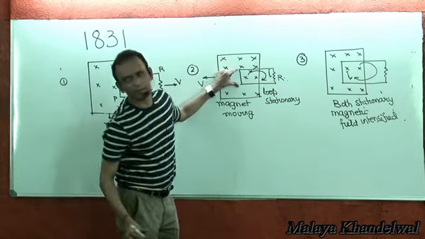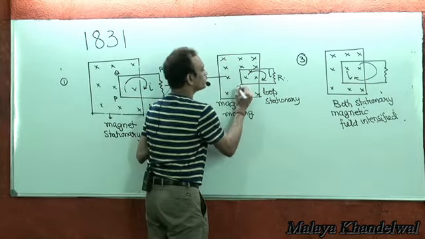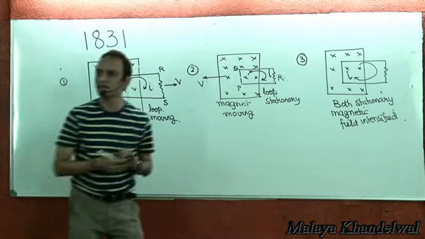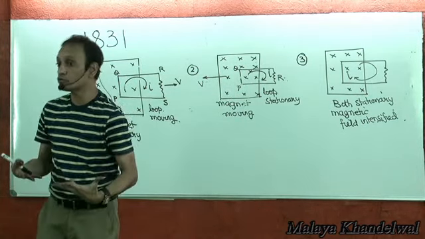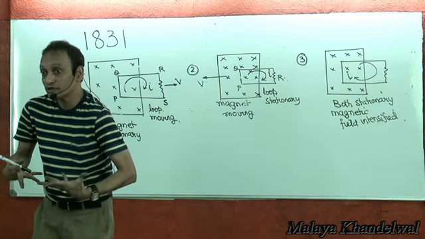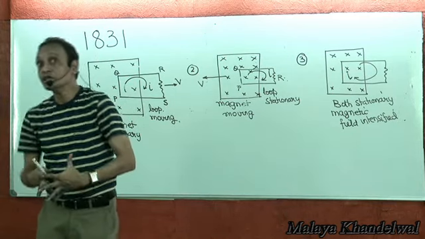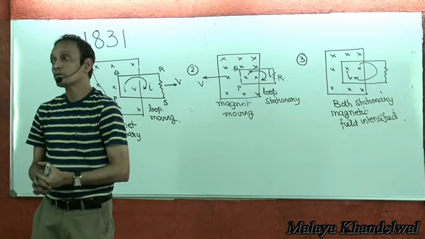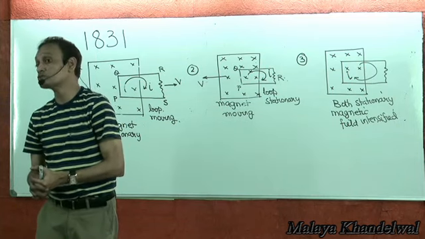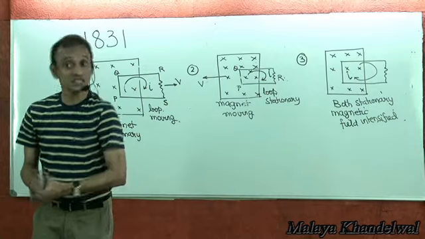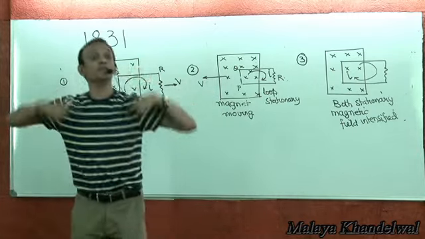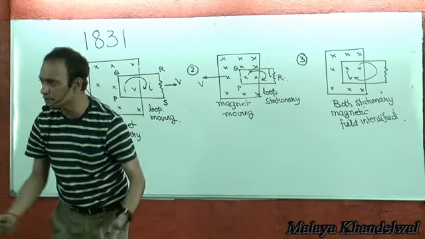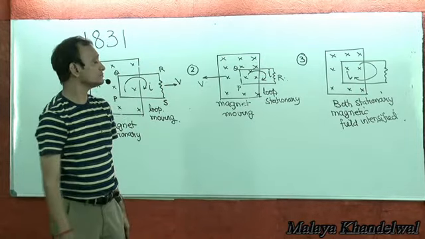Now, in 2, the conductor PQ in the magnetic field was stationary. So it didn't experience a magnetic force. If it didn't experience a magnetic force, there was still a current, there was still an EMF. That means there must still have been an electric field generated inside the loop, which generated an EMF that could drive the current through the loop.